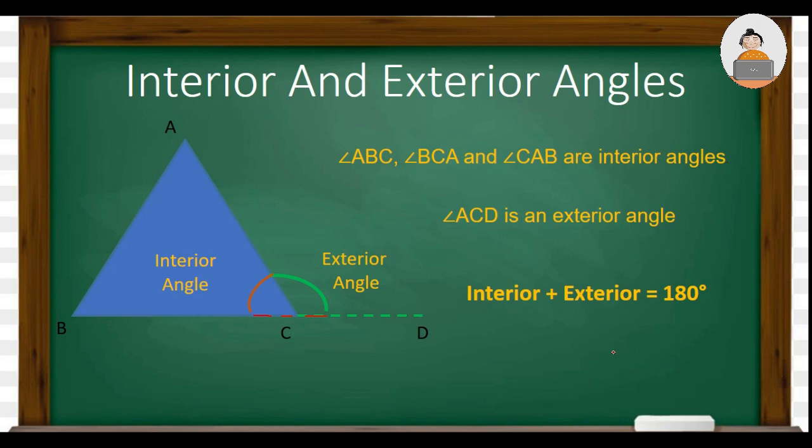Once again, I will sum up that the interior angles are those angles which are inside the polygon or the shape or the triangle, while the exterior angle will be formed with the side of the triangle and the other extended side of the triangle. And the sum of these two angles will be 180 degree.